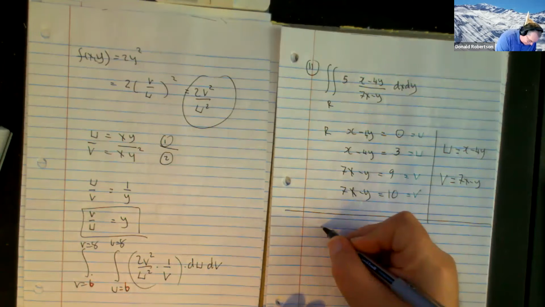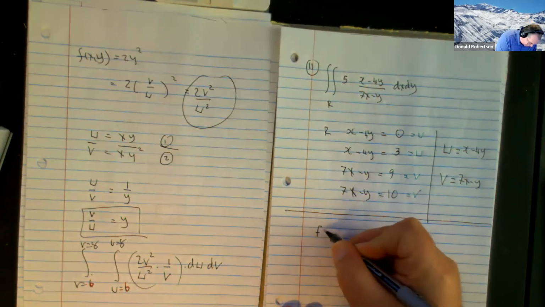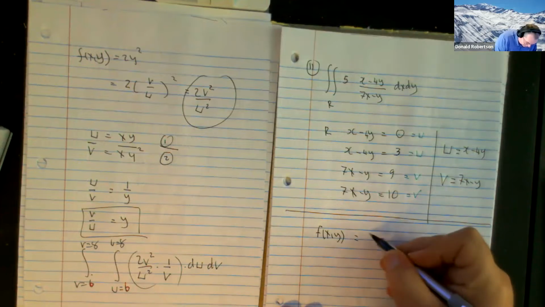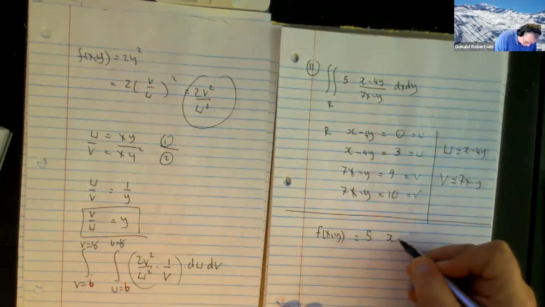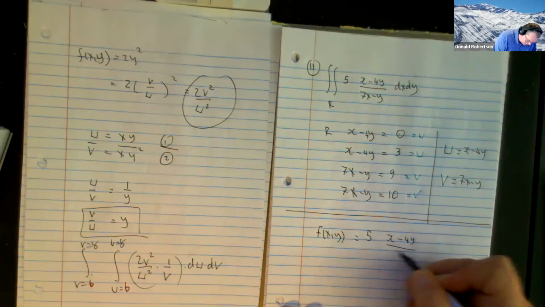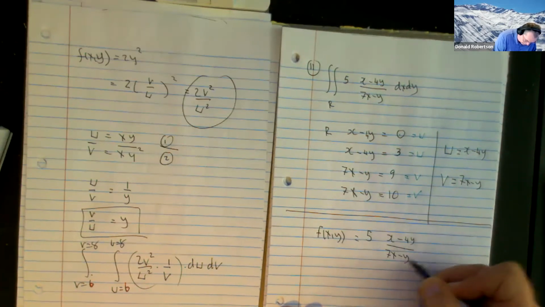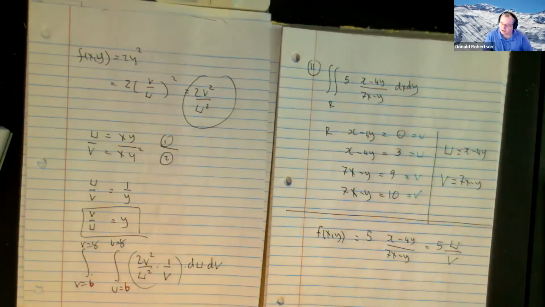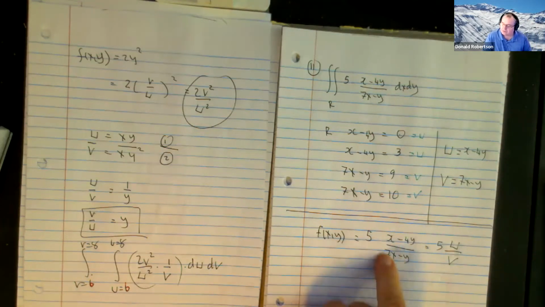Now, let's figure out what the value of the function is. So in this case, it's going to be 5 lots of x take away 4y over 7x take away y. Well, doesn't that become 5u over v? You agree that also transfers really nicely.